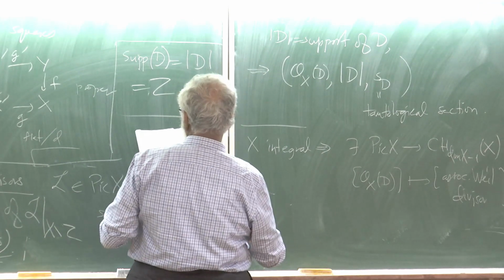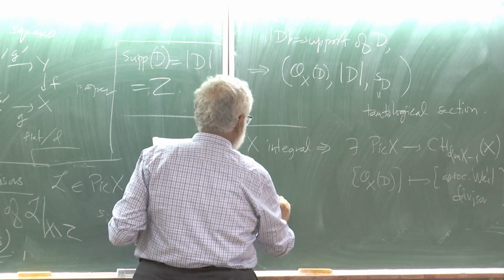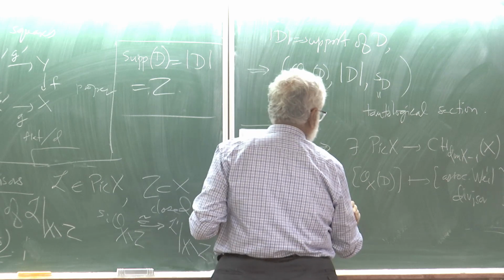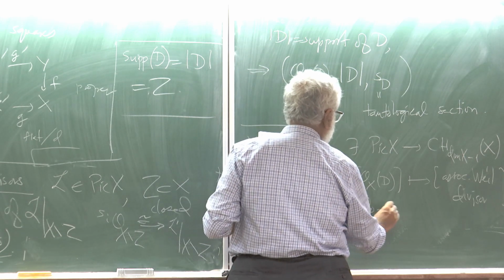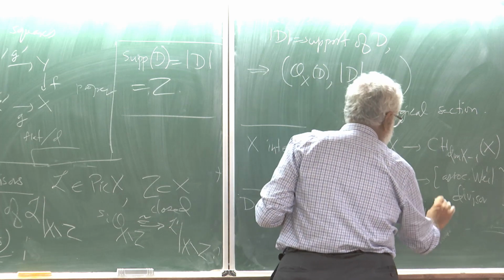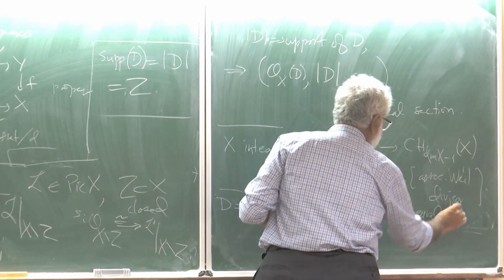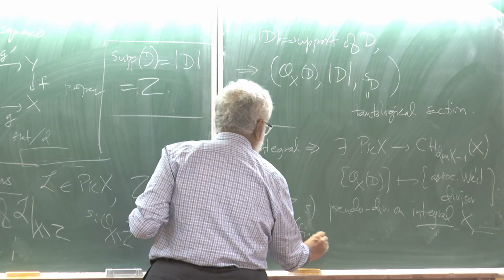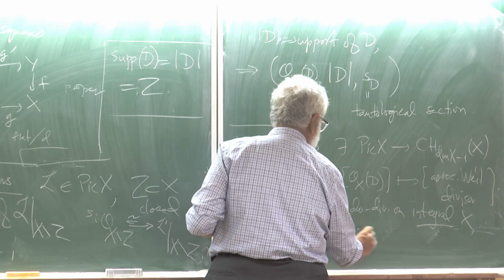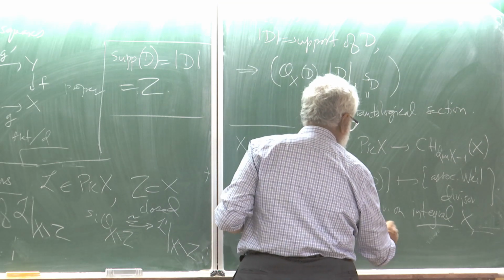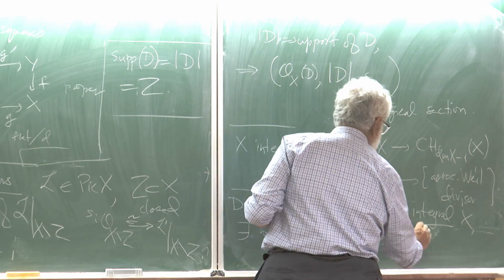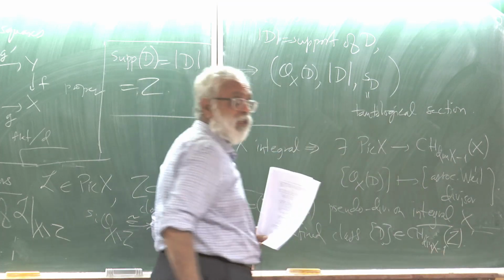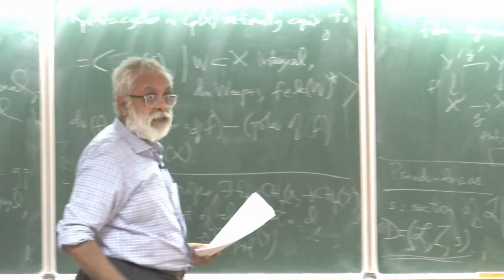So that's the point. If I have D equals (L, Z, s), a pseudo divisor on integral X, there exists a well-defined class of D in Chow dimension X minus 1, but of Z rather than of X. And somehow this is the advantage.